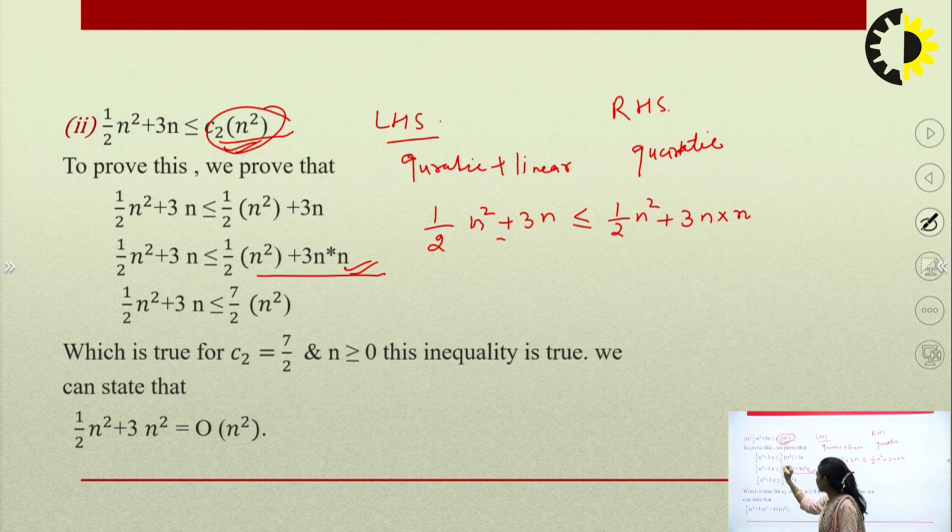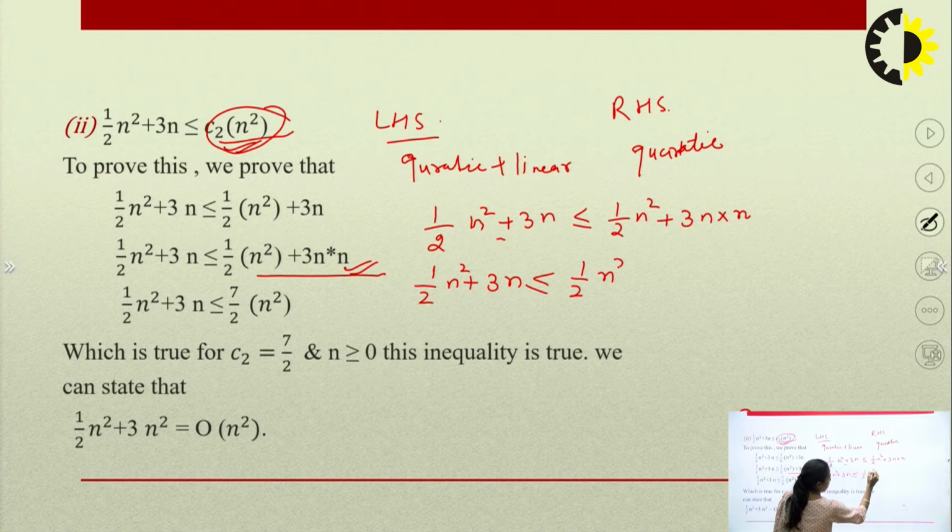If this inequality is true, then if we multiply by n, it must also be true. So after calculation we get 1 by half n square plus 3n less than or equal to 1 by half n square plus 3n square, and the total value is 1 by 2 plus 3, which is 7 by 2 of n square.